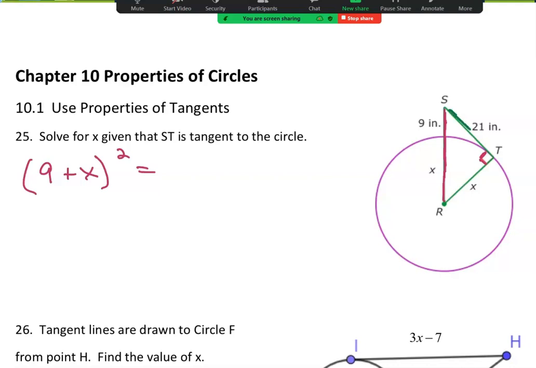leg 1, which is right here, 21 squared, plus here is leg 2 over here, which is x. So notice we have x's on two sides. That's okay.